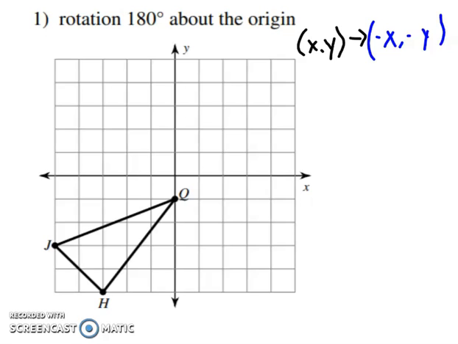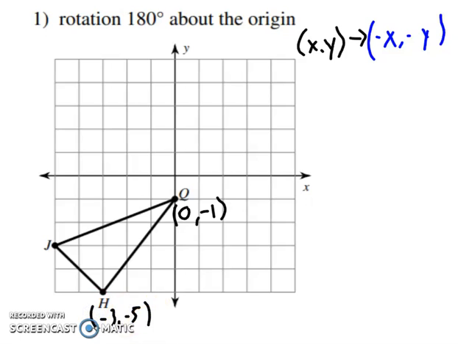So what I'm going to do first is I'm going to identify the coordinate points of each vertex, and then I'm going to take the opposite x and the opposite y and then graph that. So Q is 0 comma negative 1. H is negative 3, comma negative 5.